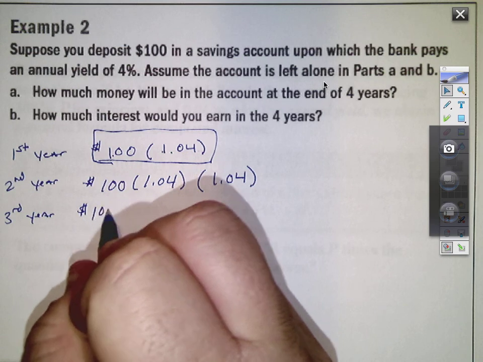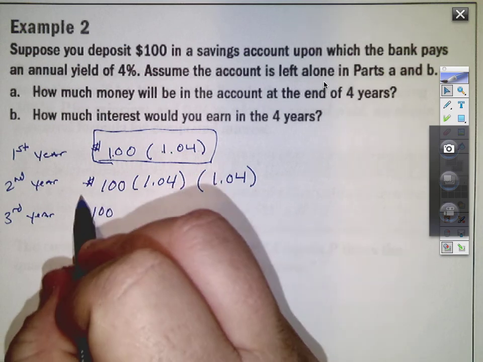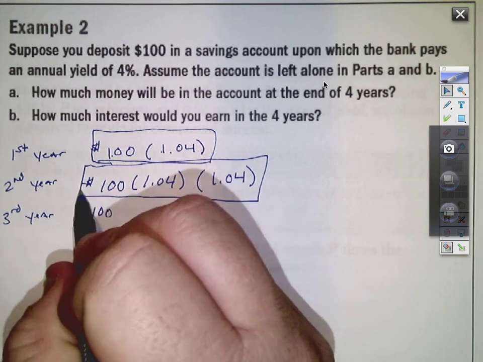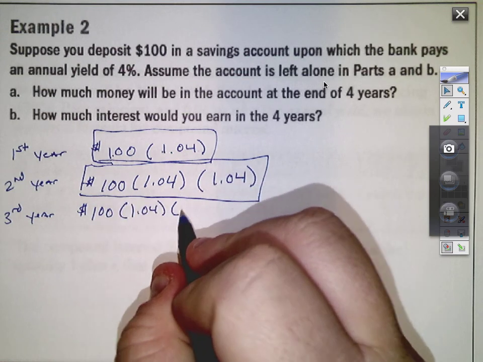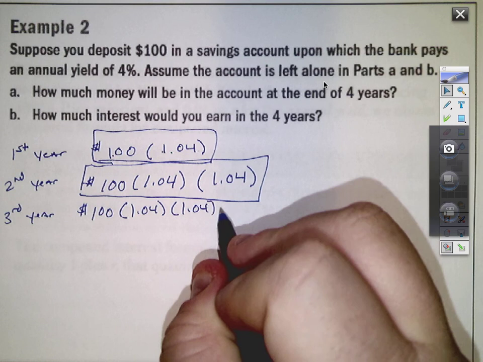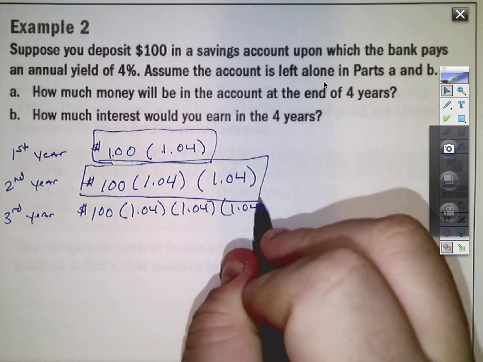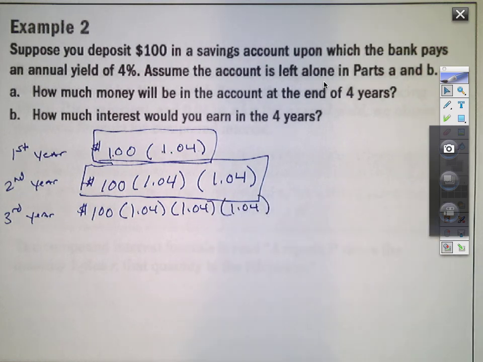So for my third year, I'm going to have $100, and then it's going to be all this times 1.04.